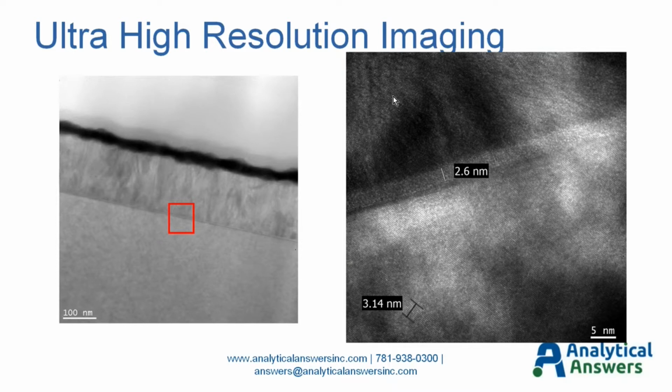Although again, since this is poly, we have different crystal orientations, so we get a mix of different lattice directions. But since we have this nice lattice on each side of the gate oxide, we can make a very precise measurement of its thickness, in this case 2.6 nanometers.